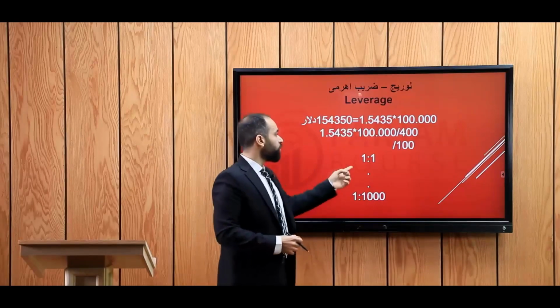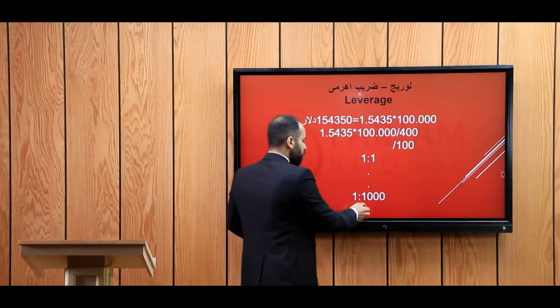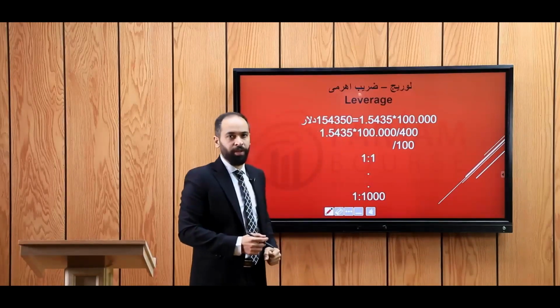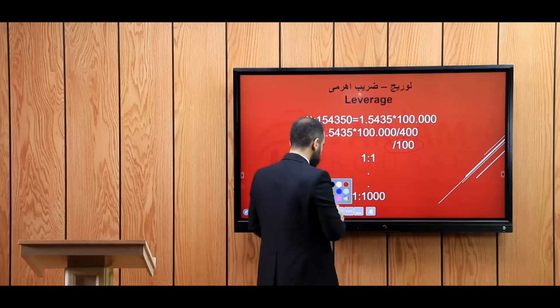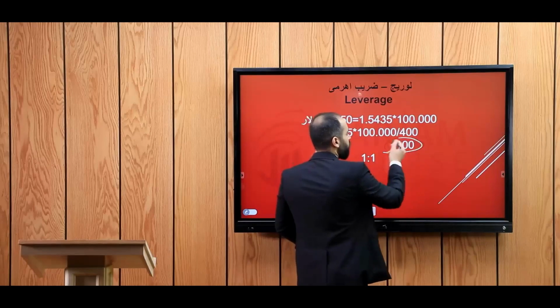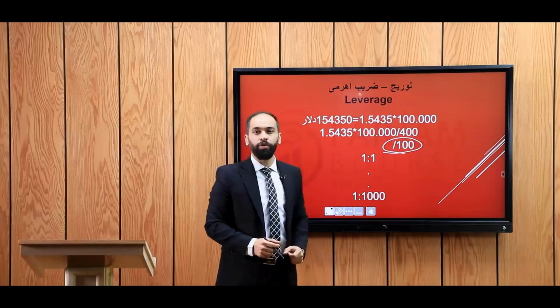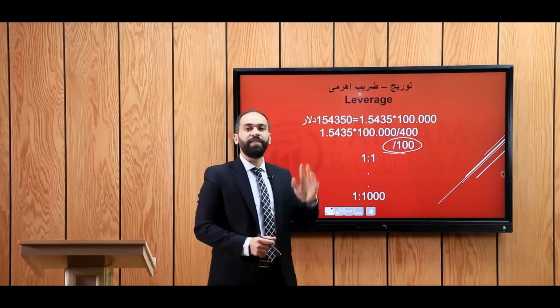If our leverage was 1-to-1, then yes, we would have to put up the entire amount ourselves. But what happens here is that the broker comes and asks us, what kind of leverage do you want me to give you in your account? Do you want this account to have a 1-to-100 leverage? Meaning whatever amount of balance you need for that volume of trades, you put up one part and the broker puts up 99 parts.